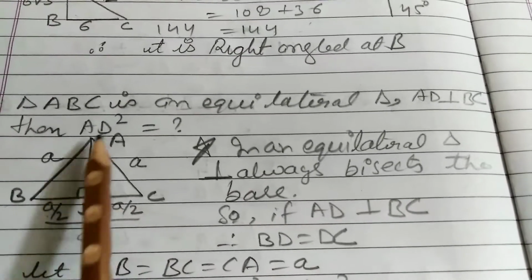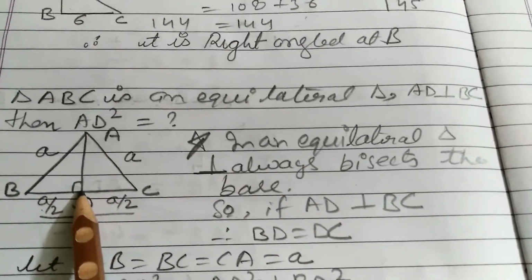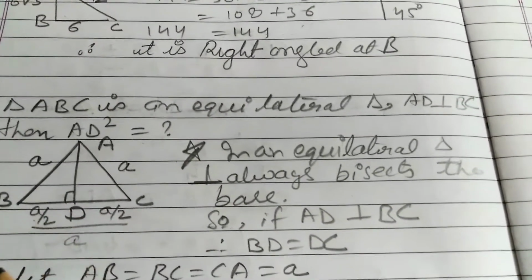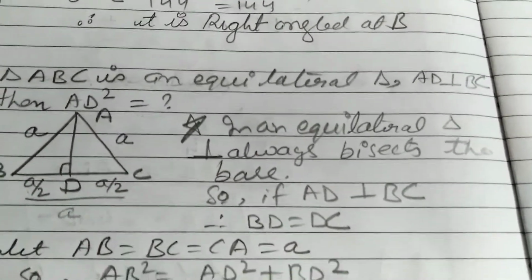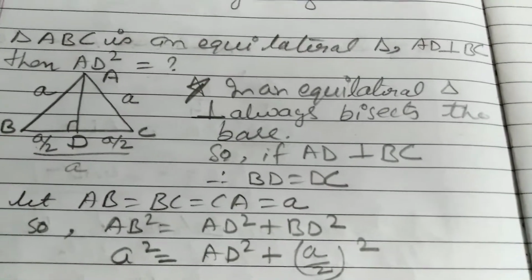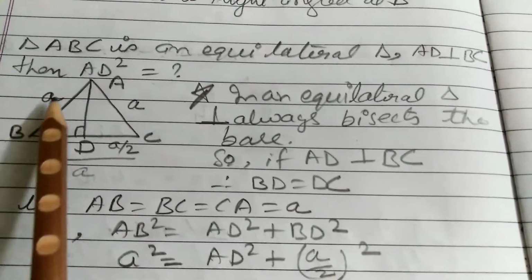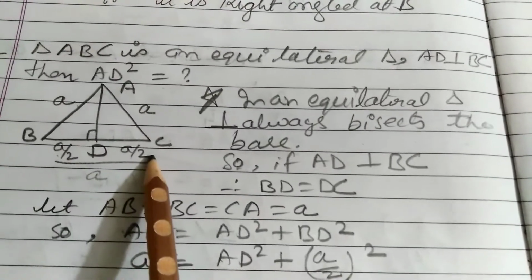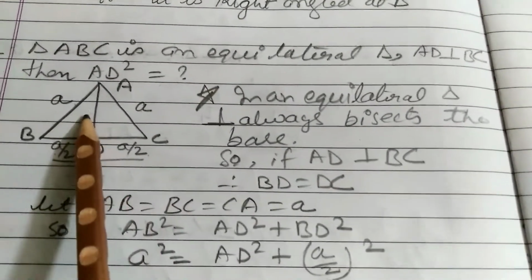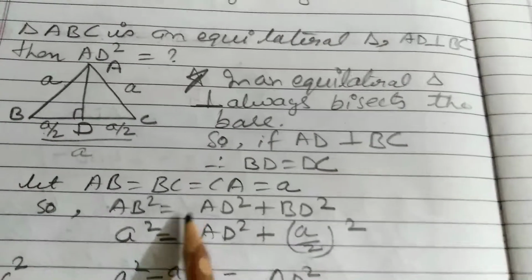It is given that AD is perpendicular, so by this property we can write that BD is equal to DC, right? So this will be A by 2 and A by 2.